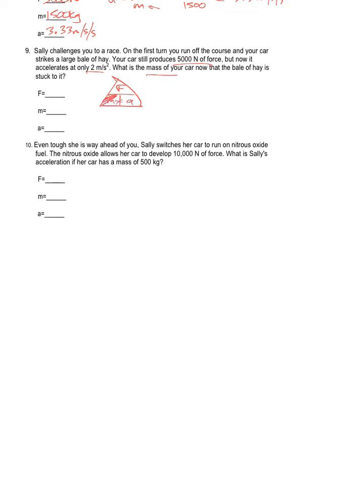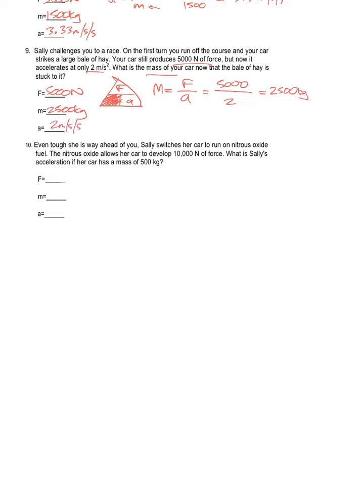We want to know the mass of the car because we know the acceleration and the car's still providing the same force. So mass is going to be the force over acceleration. The force is still 5,000, the acceleration is only 2. 5,000 divided by 2 is 2,500 kilograms. So force is 5,000 newtons, mass is 2,500 kilograms, acceleration was 2 meters per second squared.